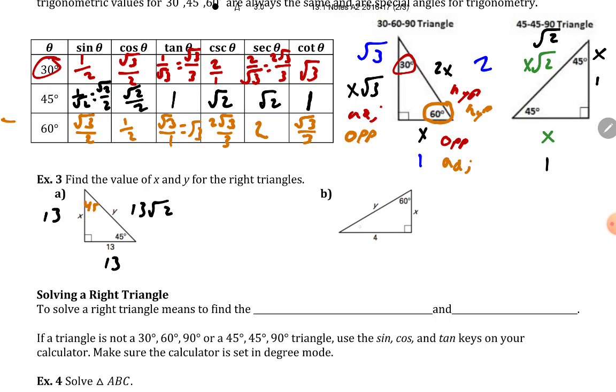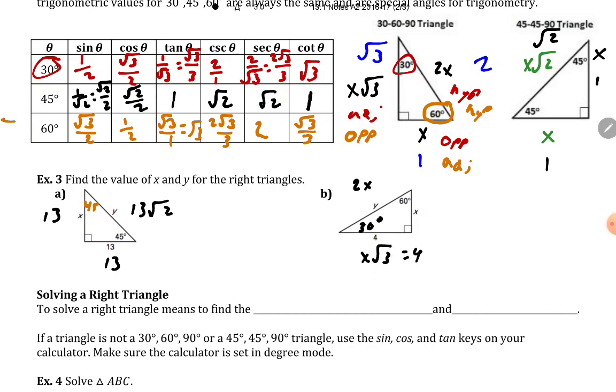Okay, if this is 60 degrees, then this is 30 degrees. So according to our pattern, this is going to be double whatever x is, the hypotenuse. This side here, opposite of the 60, is equal to x times the square root of 3.